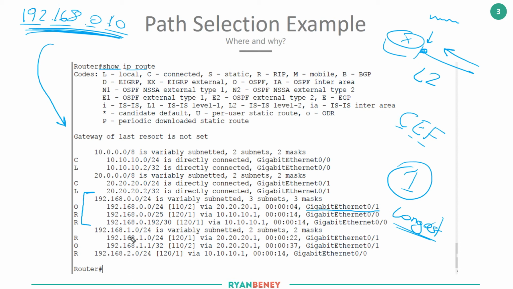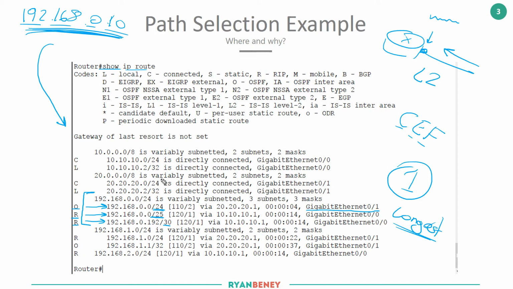And inside that /24, we have 3 networks that fit inside it. We have an entire /24, which is learned via OSPF. We have a /25, which is learned via RIP. And we have a /30, which is learned via RIP.